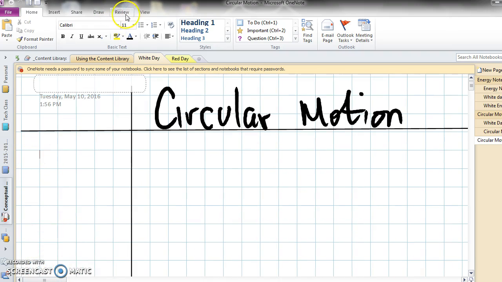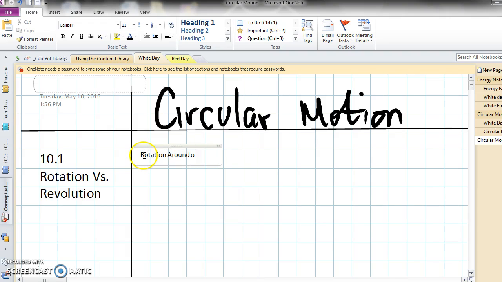Okay, we already talked about rotational versus revolution. So 10.1 was rotation versus revolution. What you should know about that: a rotation is around a center axis.